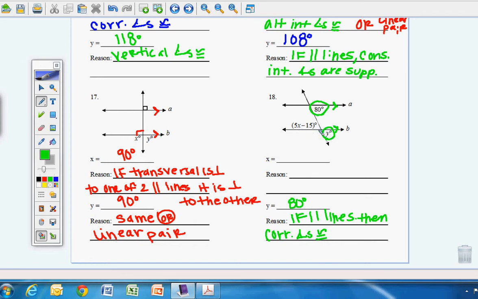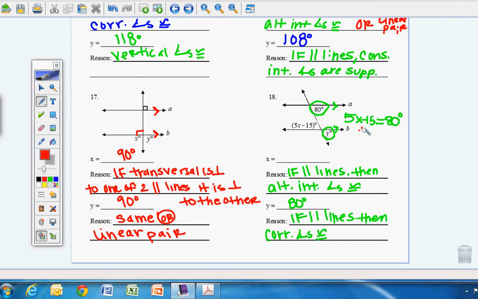Okay? And then I know that these two angles are vertical angles. They're also alternate interior angles. Okay, so we could say that if parallel lines, I know then alternate interior angles are congruent. So if these are going to be the same, I'm going to set them equal to each other. So I have 5x minus 15, and that is going to equal 80. It is 80 degrees, but we have to find out specifically what x is.